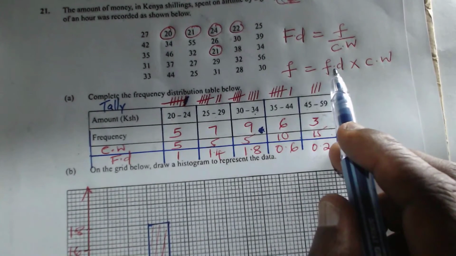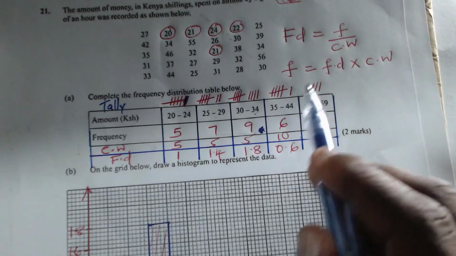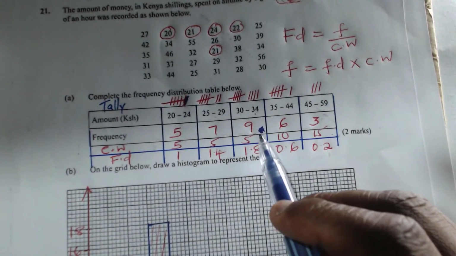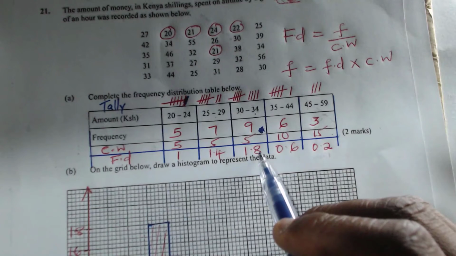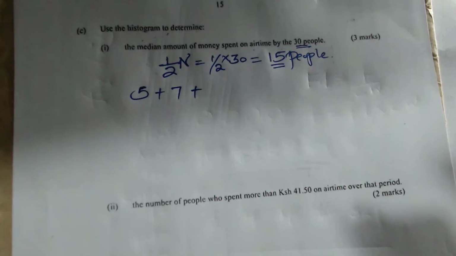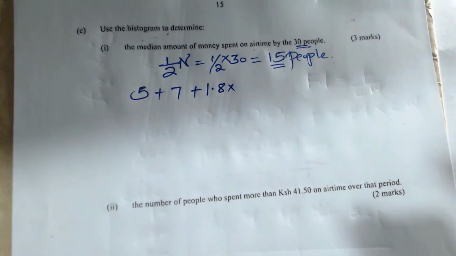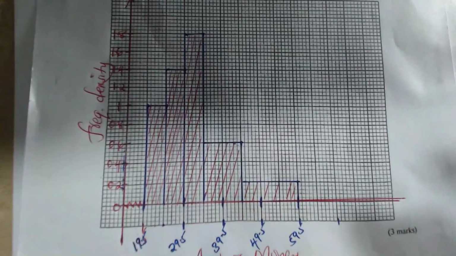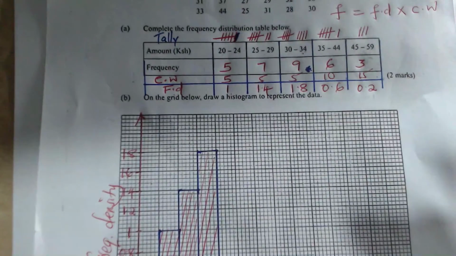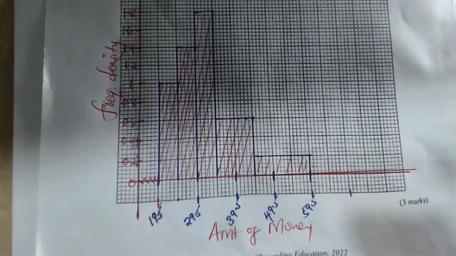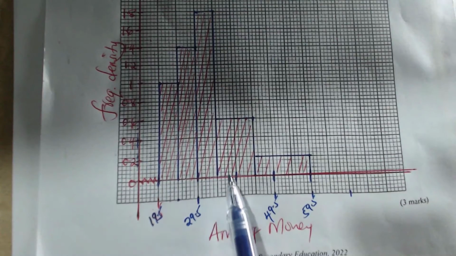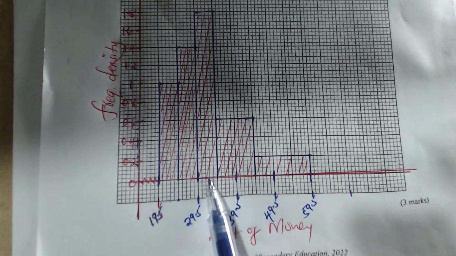So to get the frequency in this class, we use the frequency density, which is 1.8, multiplied by the class width. We don't know the class width. This is 30 to 34.5. So we don't know the class width here.